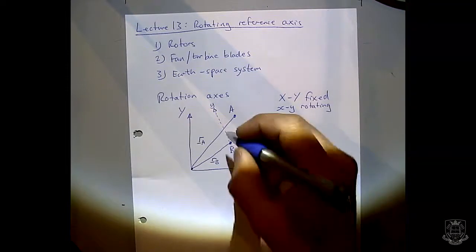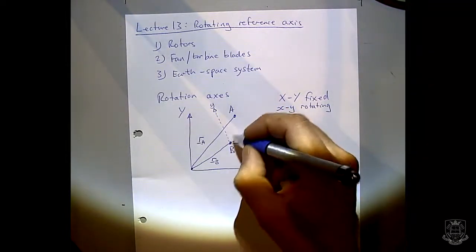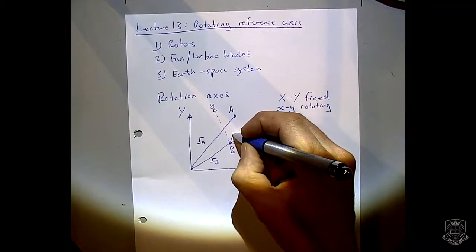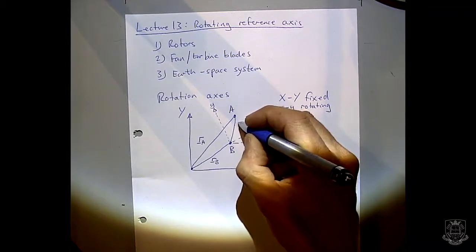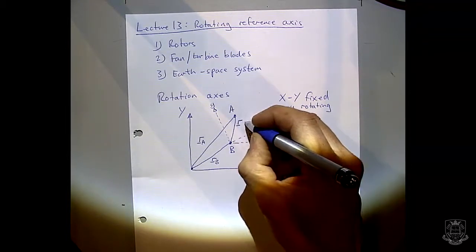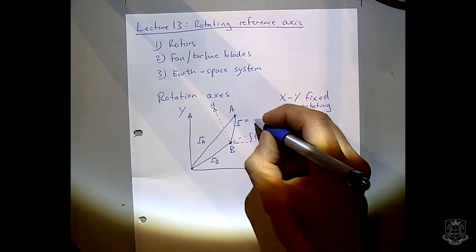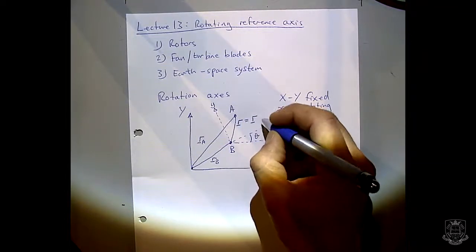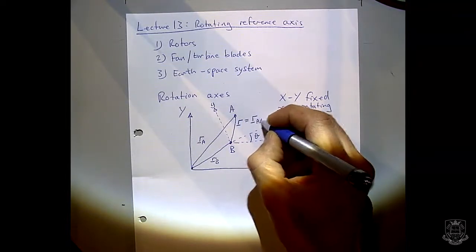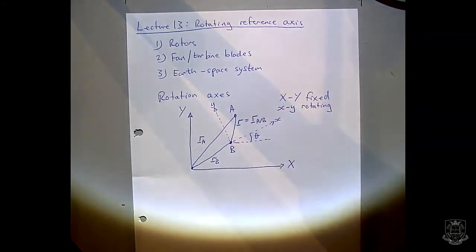And of course, there's a vector between B and A, okay, which we just call R. Just so you know that in our vector notation, this is also equivalent to R A with respect to B, isn't it? Okay. But in a minute, we're going to do lots of differentiating of R, so we'll drop the A with respect to B just to save us having to write it out over and over again.